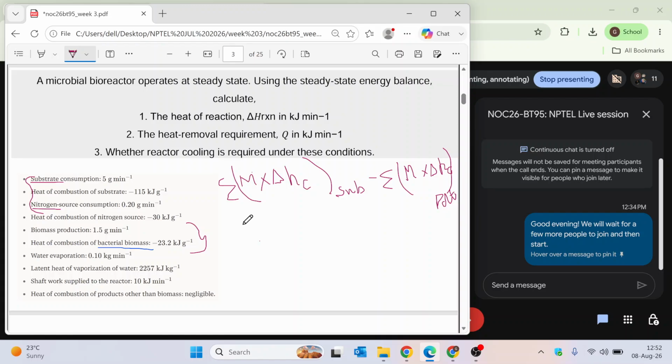As I told you, the del heat of reaction is 5 into minus 115 plus 0.2 into minus 30 minus 1.5 into minus 23.2, and that will end up giving you minus 546.2 kilojoules per minute. I hope you got this answer.